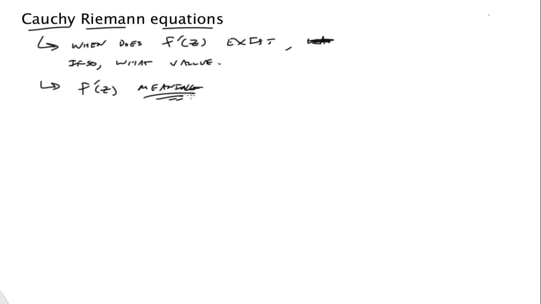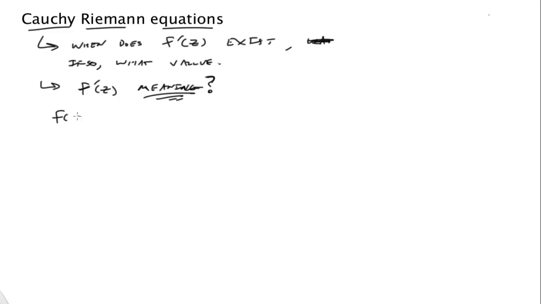We're not going to get too much into the meaning here, but rather the general constraints the function has to satisfy in order to have a derivative, and its specific form. I think we're going to get a little bit closer to the meaning of the derivative. Okay, so let's go through and establish a few things.